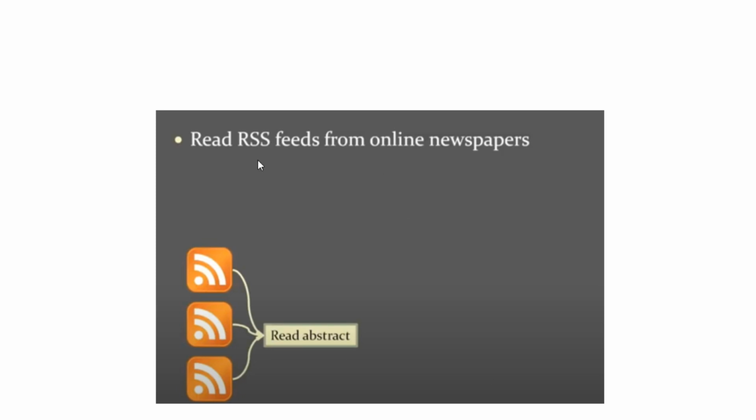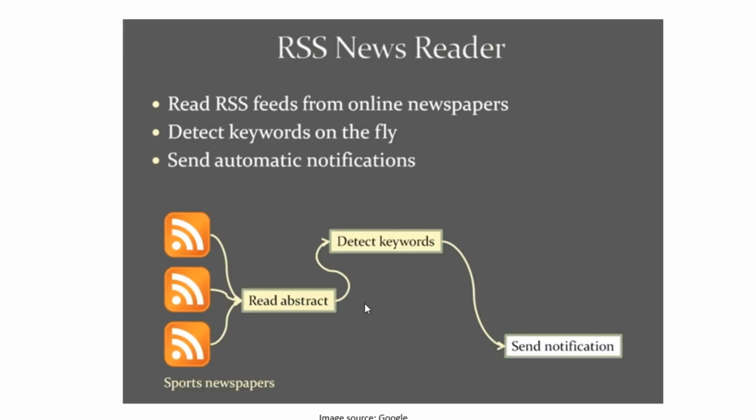So this RSS feed is going to take details from the newspaper, and read the abstract from various online news verticals. After reading the abstract, we can analyze it using a particular keyword. So detect a particular keyword.